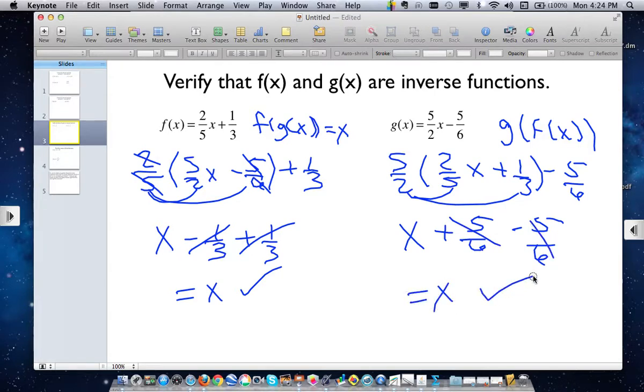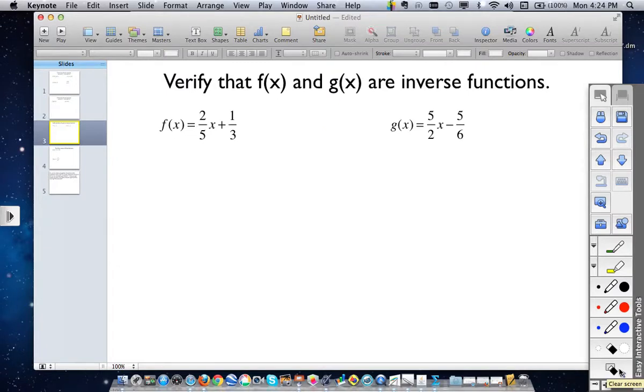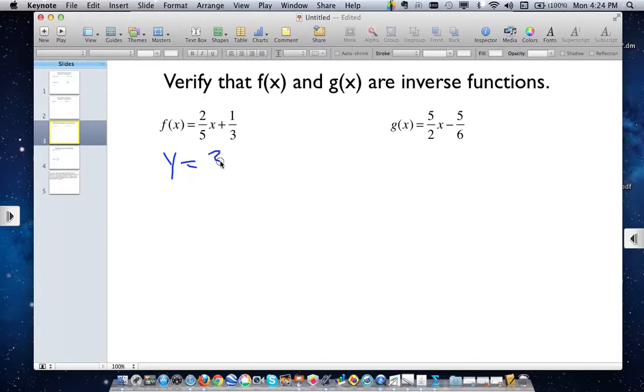So since f of g of x and g of f of x both equaled 1x, we know that yes, they are inverse functions. The other alternative way was to take f of x and then find the inverse function of that.